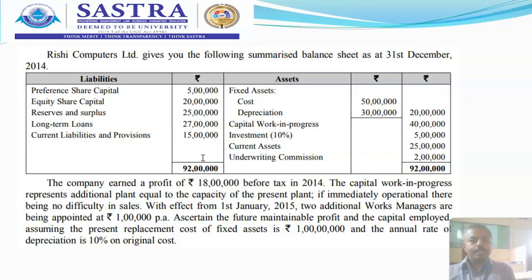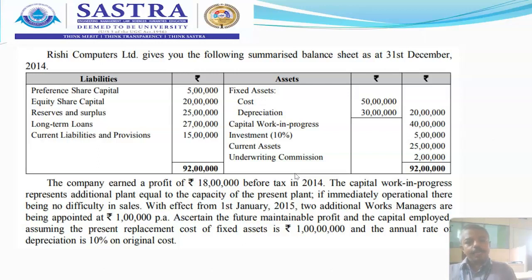The next is the capitalization of super profit method. This method tries to find out the amount of capital needed for earning the super profit. So what we used to do is use the normal equation, super profit divided by normal rate of return.